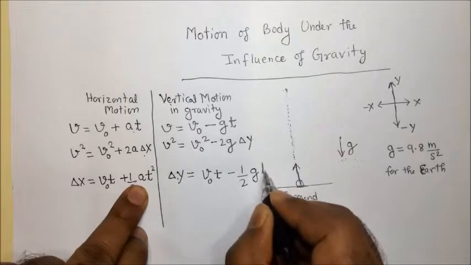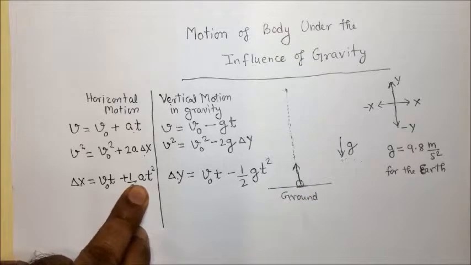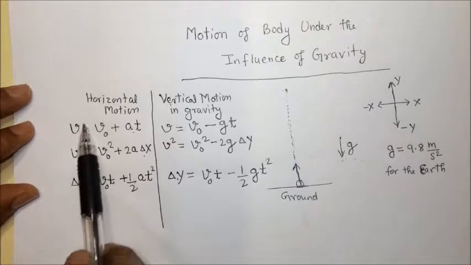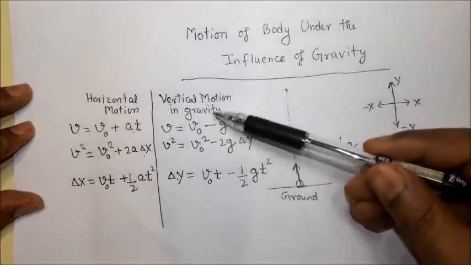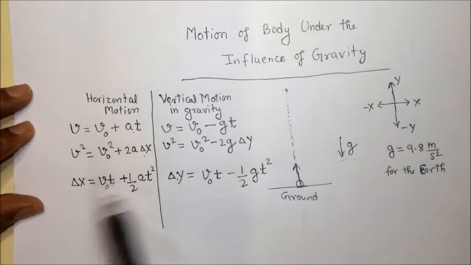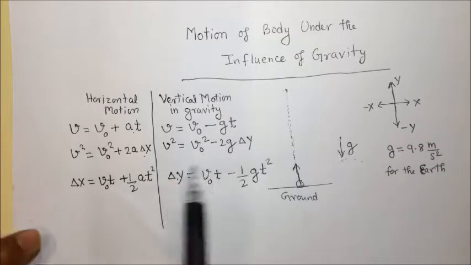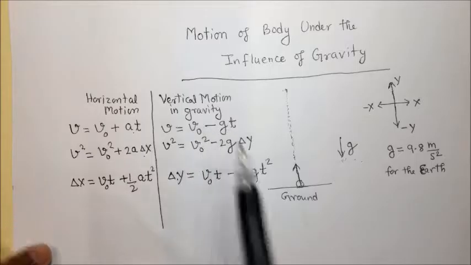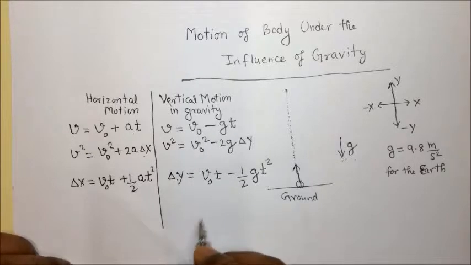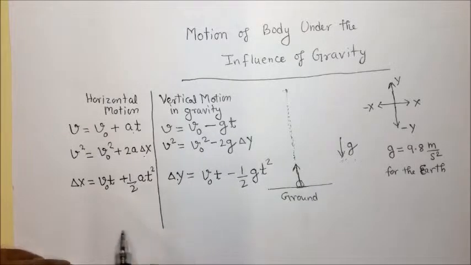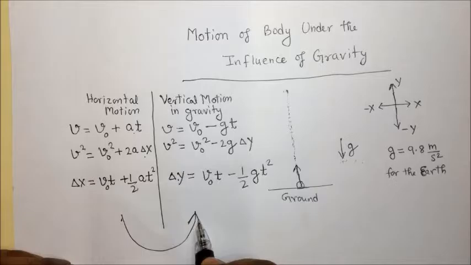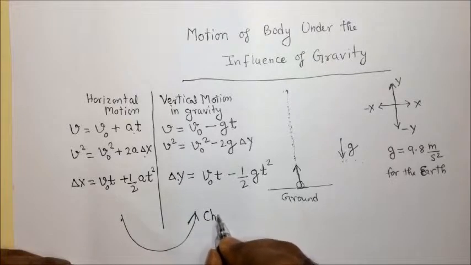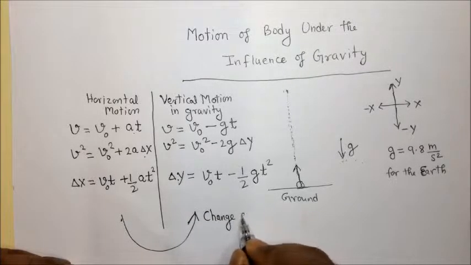If you know all these three, it is very easy to remember them. The only thing you have to be careful about is that A becomes minus G. So when you make the transition from horizontal to vertical motion, change A to minus G.